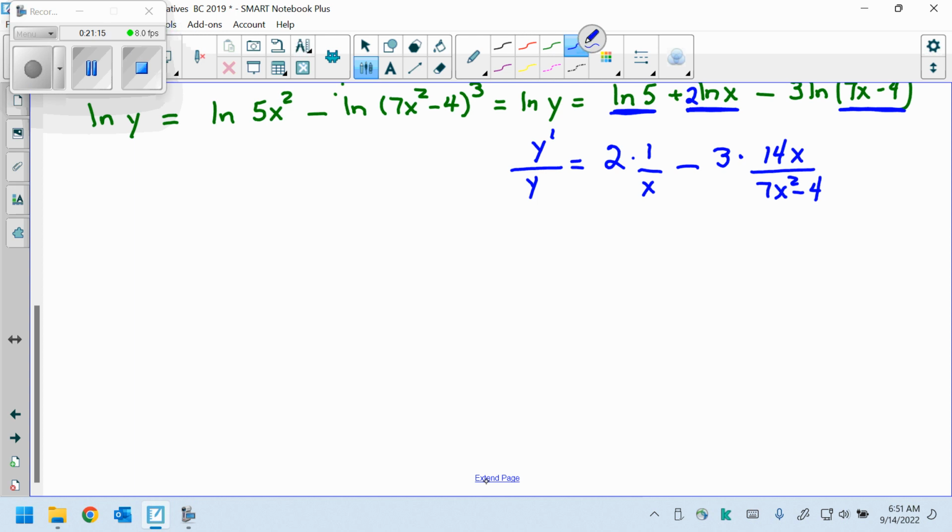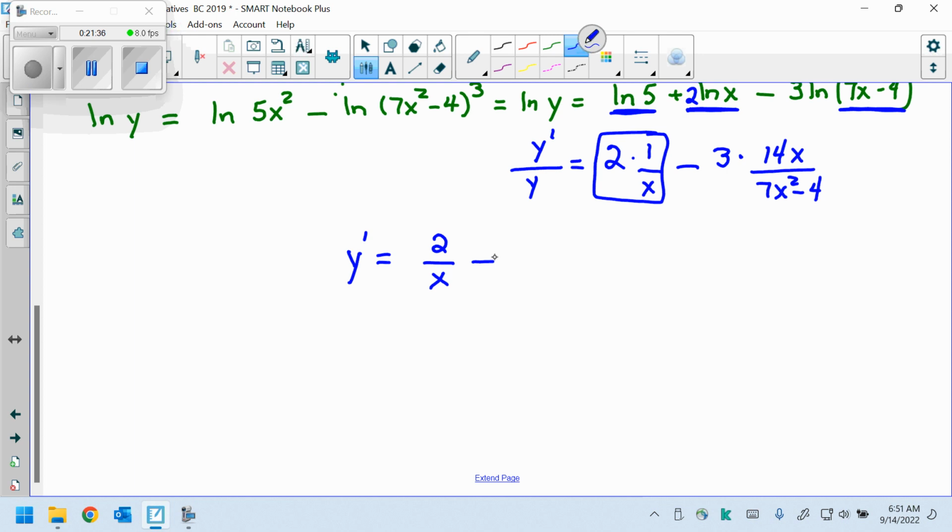So now, if I want to get y prime all by itself, I'm going to give myself a little bit of room here. Here's what I want to start writing: 2 over x when I clean this part up.